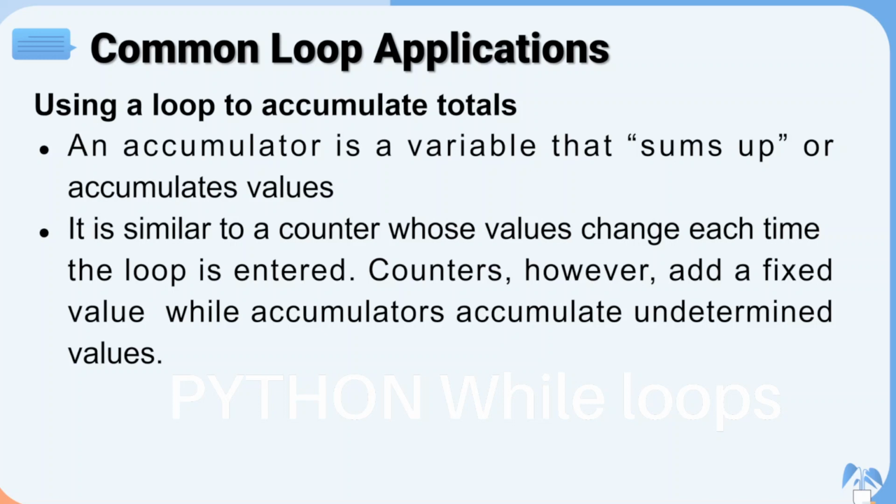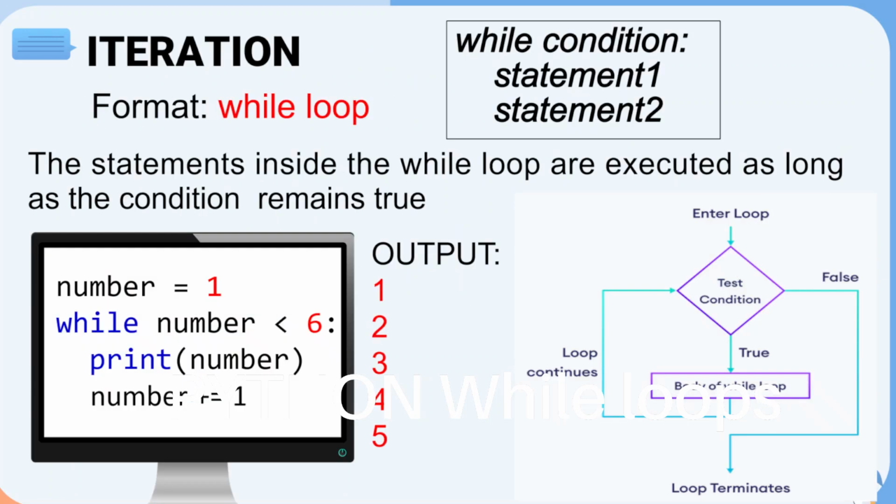There is an accumulator. It will try to add up every time it does an iteration. So let's have an example based on the syntax of the for loops, using the while loop, I mean. Our syntax here is while, and then here you have the condition.